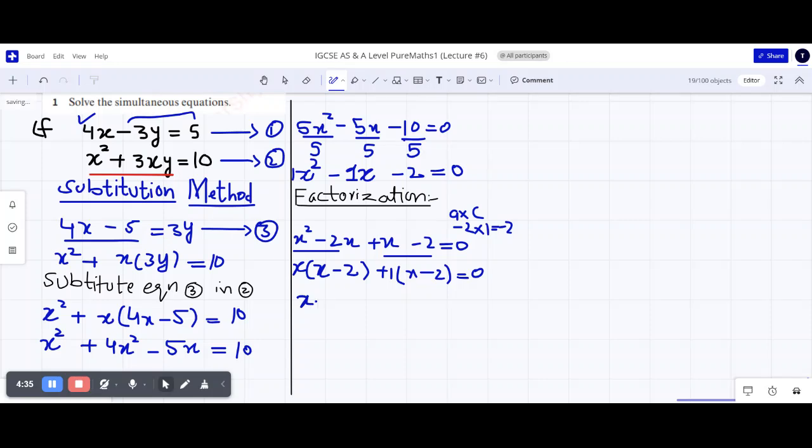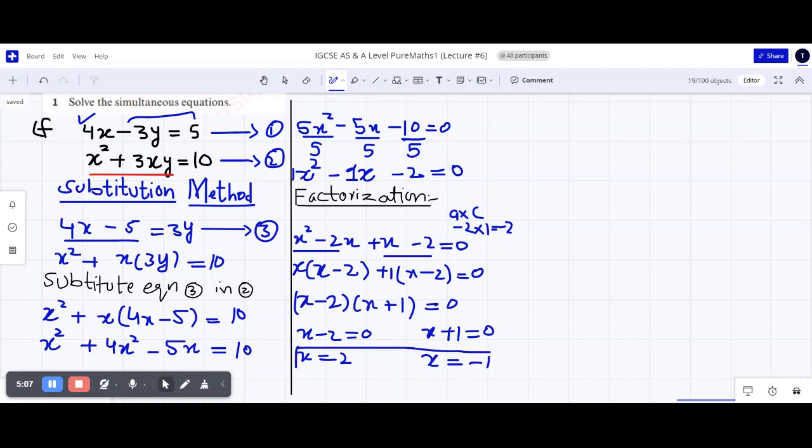Then we take x minus 2 as common again, and x plus 1 is remaining, equals 0. Then we write separately x minus 2 equals 0 and x plus 1 equals 0. The first value is x equals 2, and the second value is x equals minus 1. I got the two values of x.